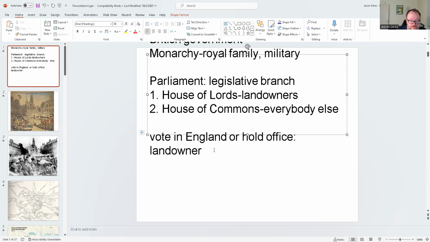Now, where this becomes a problem is that the landowners in Parliament, the landowners in England, are only about 20% of men in England own land that would allow them to vote or to hold office.